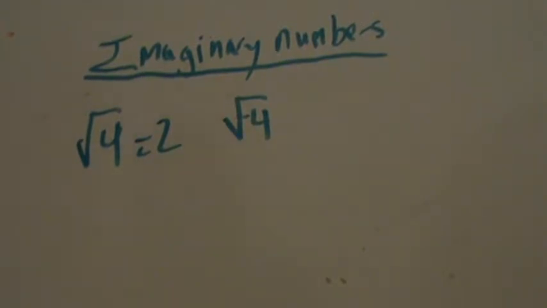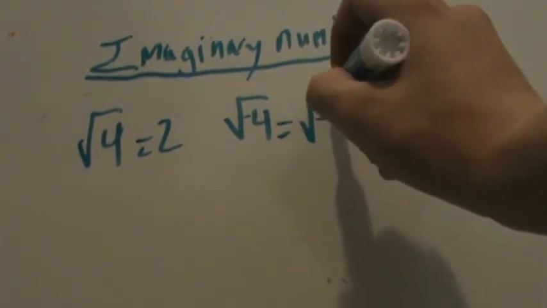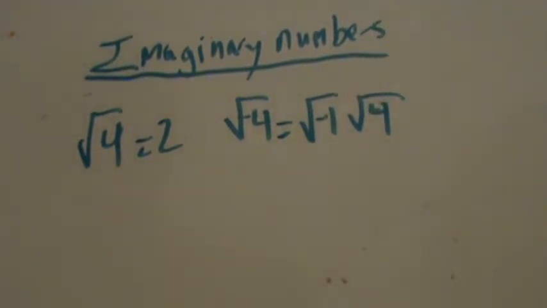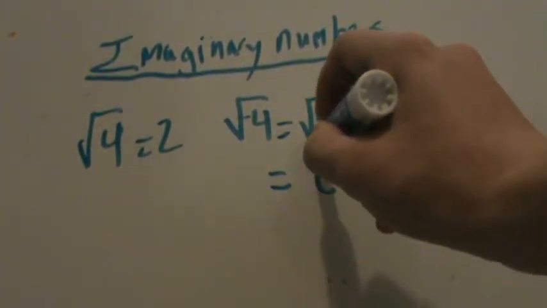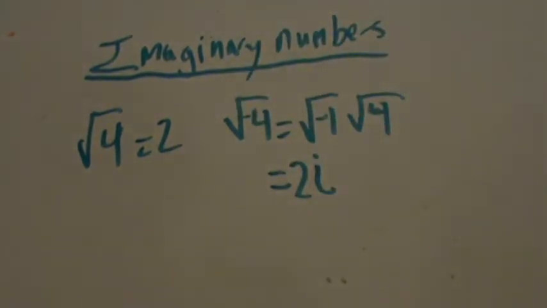Well, a special property we have for radicals is that we could rewrite this as the square root of -1 times the square root of 4. Okay, so what do we have here? We know that the square root of -1 is i, and the square root of 4 is 2. So this is equivalent to 2i.